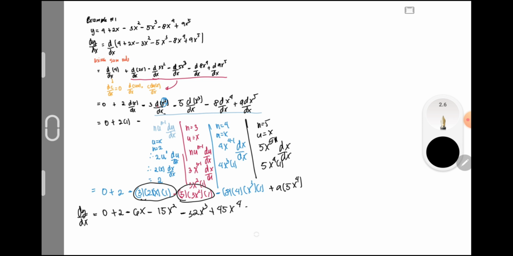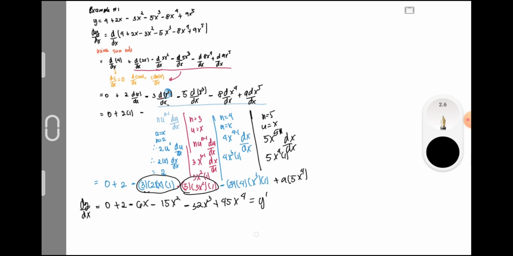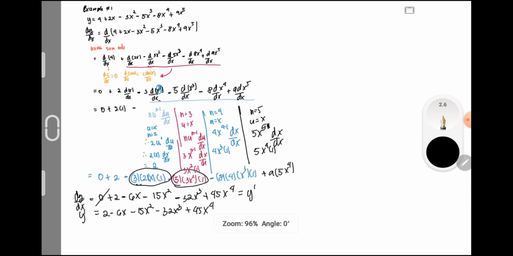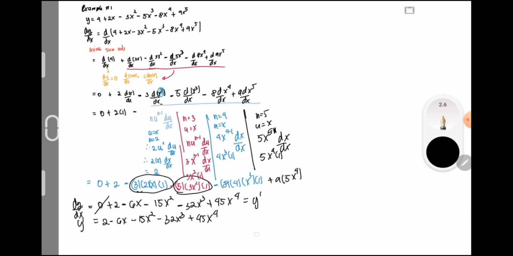Take note that dy over dx can also be written as our y prime. Okay, so tanggalin ko na rin yung 0 dito, no? It is equal to 2 minus 6x minus 15x squared minus 32x cubed plus 45x raised to 4, which is equal to our y prime. Okay, so that is our example number 1.